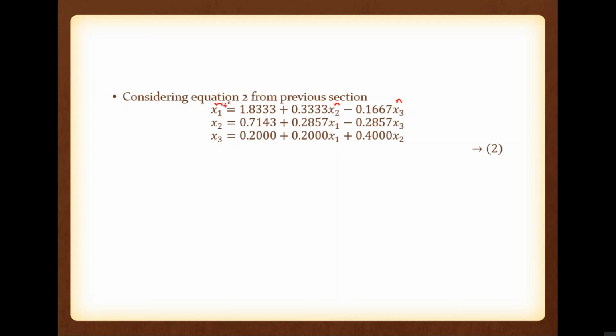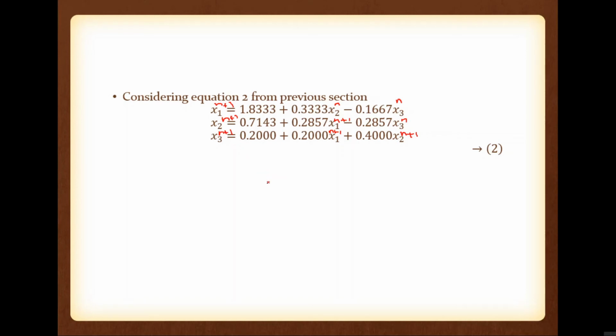Okay. So now take the second one, x3 is x3n, but x1, we have x1n plus 1 is available. So here we have x1n plus 1, which will give x2n plus 1. Okay. Similarly, here in this equation, x1n plus 1 is available. x2n plus 1 is also available. So which will give x3n plus 1.